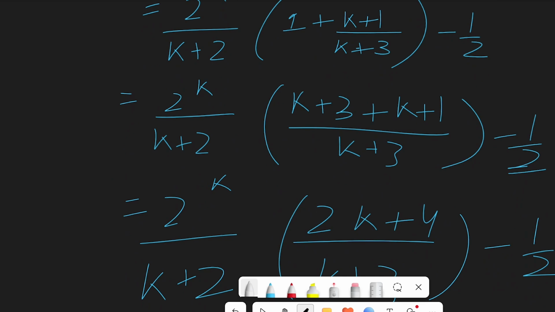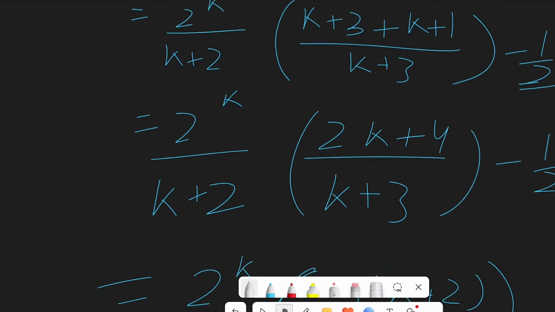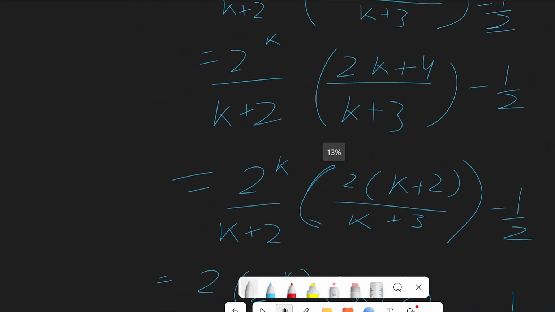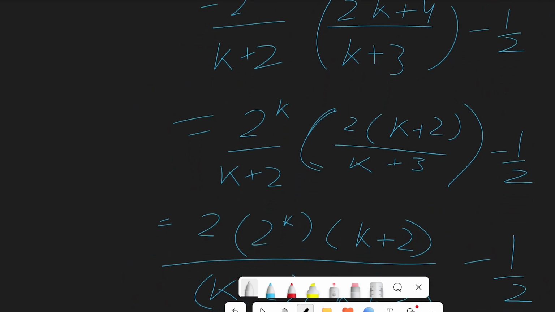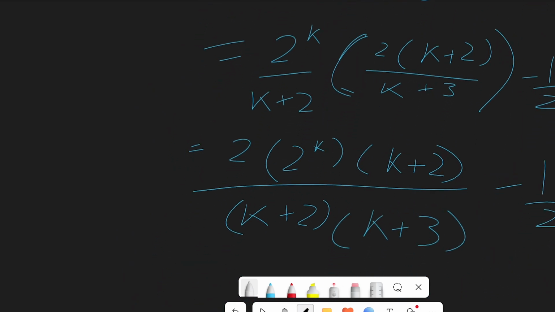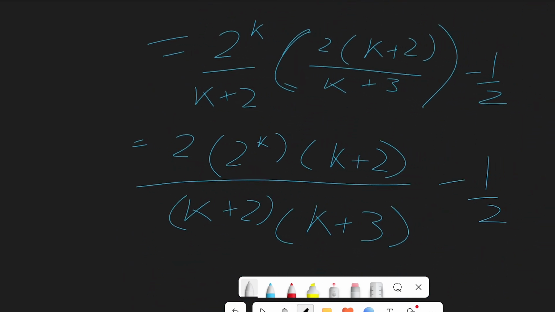Yeah, that makes sense. Then 2 comes outside, and it would be 2. Oh, yes. I did not make a mistake. I can just see that this cuts out.